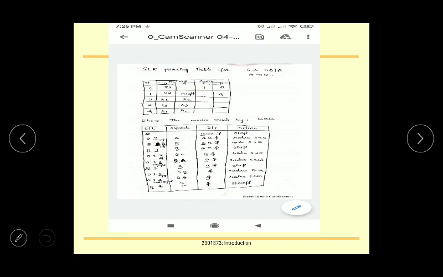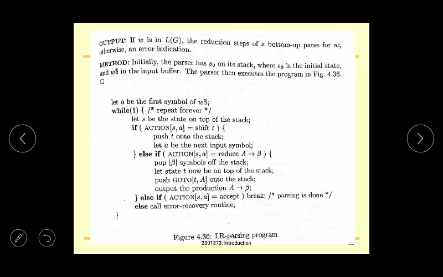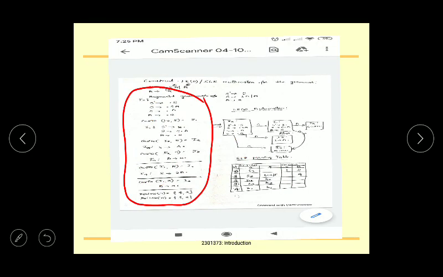This is the table which we are going to construct now. All the rows 0, 1, 2, 3, 4: the rows are constructed according to the number of items. Columns have two parts, action and goto.